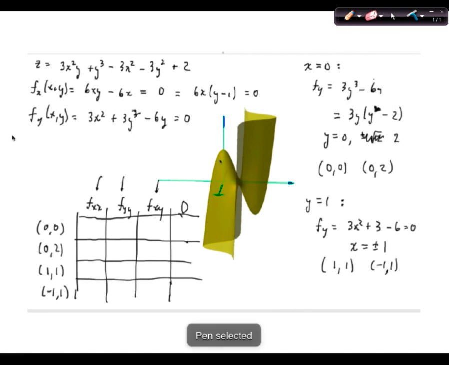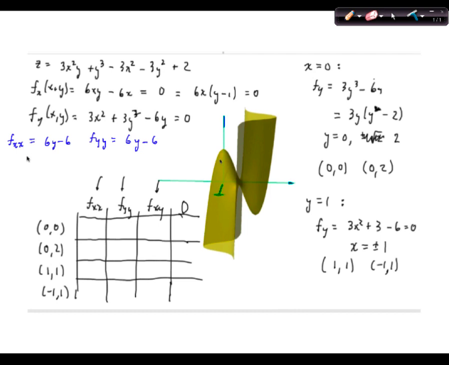So what is fxx? fxx is 6y minus 6. fyy is also 6y minus 6. Is that right? Check my math.